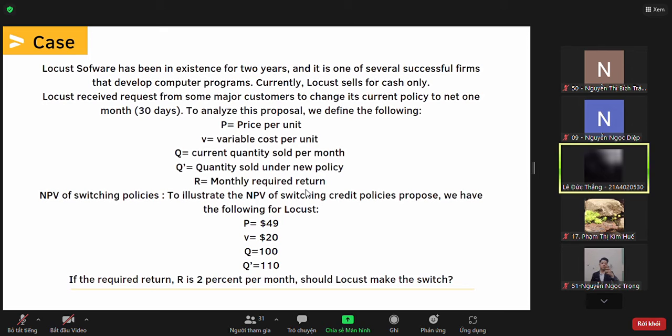To analyze this proposal and decide whether to adopt it, we will use the following: price per unit, variable cost per unit, current quantity sold per month, quantity sold under the new policy, and the monthly required return, with the numbers as follows. The required return is 2% per month. So should Locus make the switch? It means whether the switch is profitable or not. So we will use some equations.